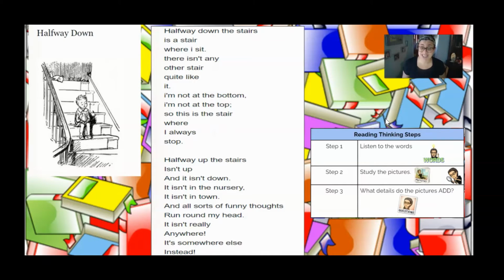So this is the stair where I always stop. Halfway up the stairs isn't up and it isn't down. It isn't in the nursery and it isn't in town. And all sorts of funny thoughts run around my head. It isn't really anywhere. It's somewhere else instead.